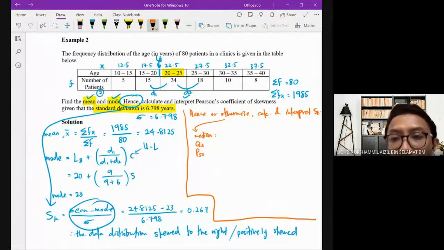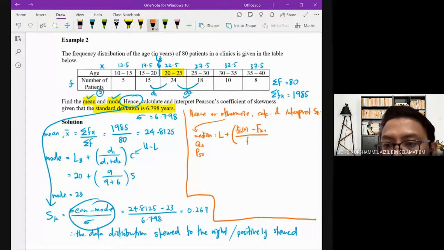So the formula will be lower class boundary plus K over 100 times N minus total frequency before, divided by the current frequency of your class, times class width.